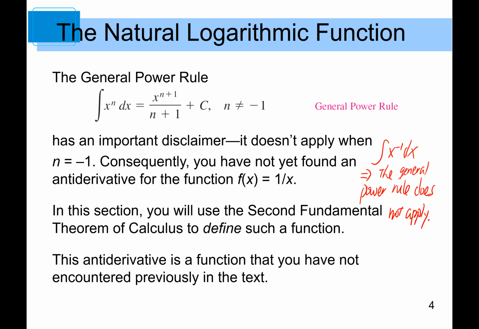So you're going to use the second fundamental theorem of calculus to define such a function, right? Define the integral of 1 over x dx.